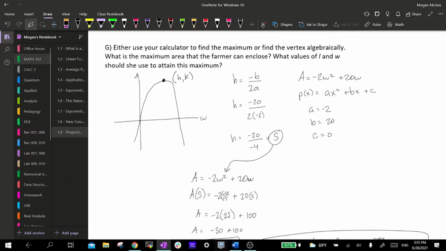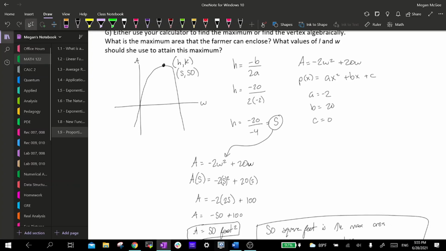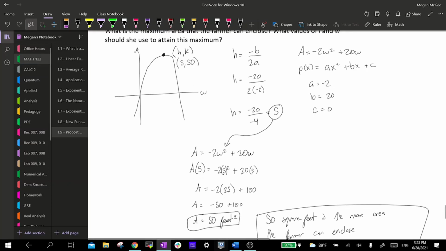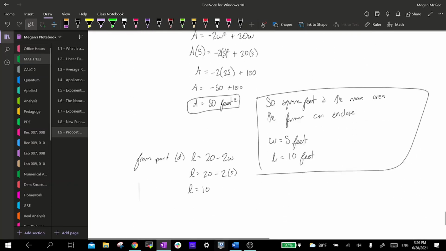All right, so we have now found the maximum. This is 5 and 50, right? Our width and maximum area. And she has to use a length of 10 feet and a width of 5 feet to attain this maximum.